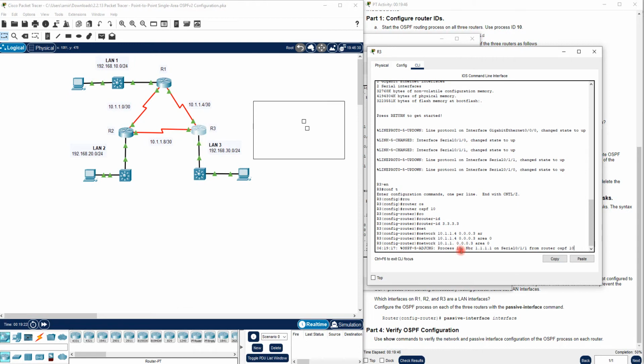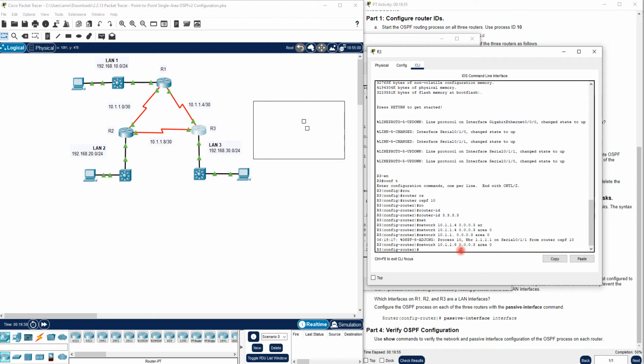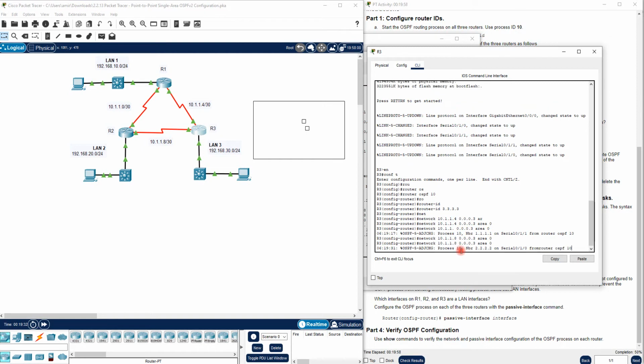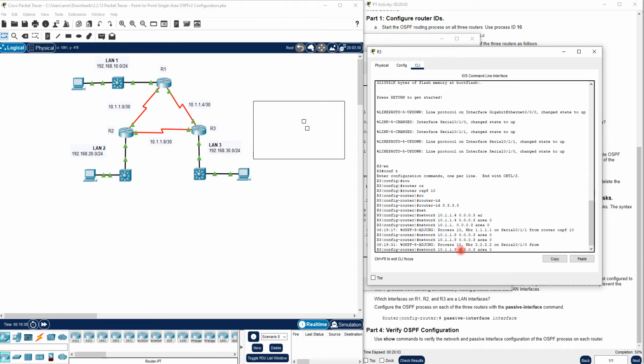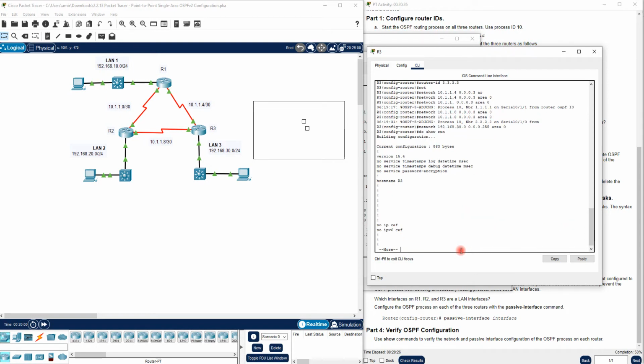And also for the other network here, 10.1.1.8, and also 192.168.30.0, and the wildcard mask is 0.0.0.255, area 0. You can also see all of the information that you have written in here.